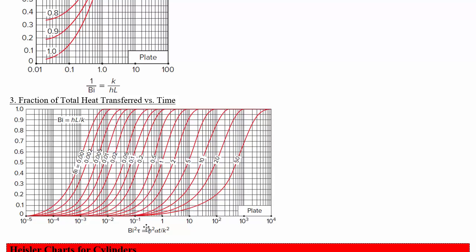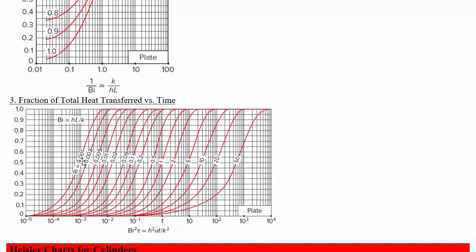How does this work with Bi number? If Bi number is low, then you would be dealing with one of these lower charts over here. Now, low Bi number means that the object is all more or less at the same temperature, and that's kind of the lumped system approach being valid. But what does that mean for this chart?